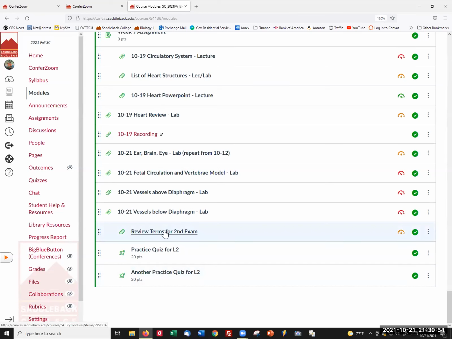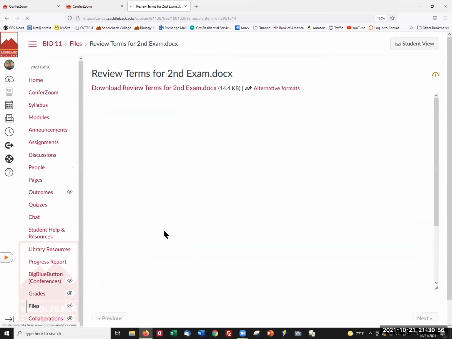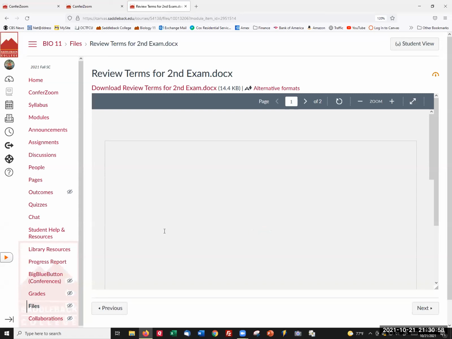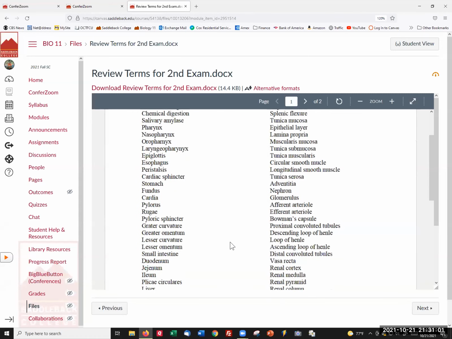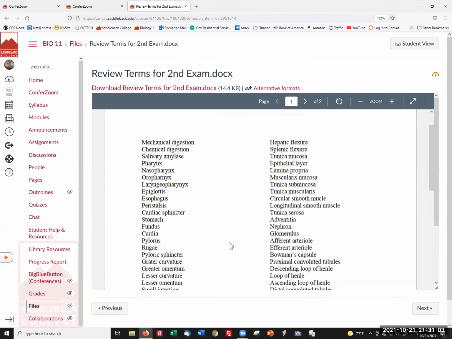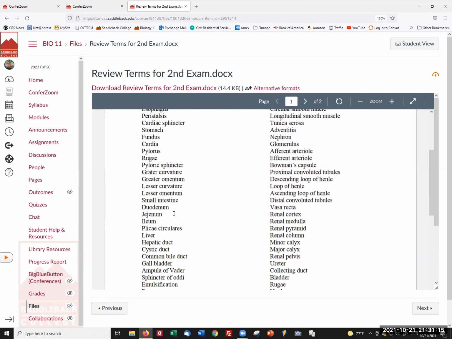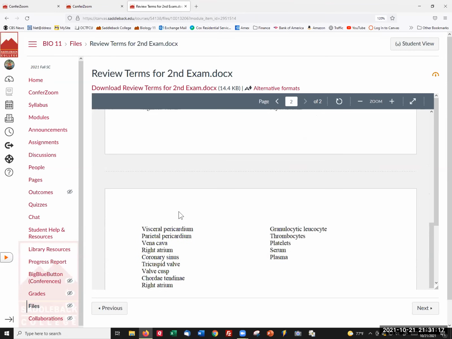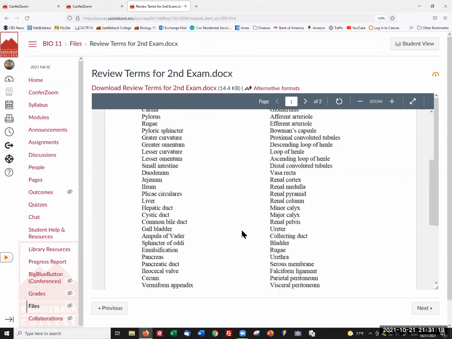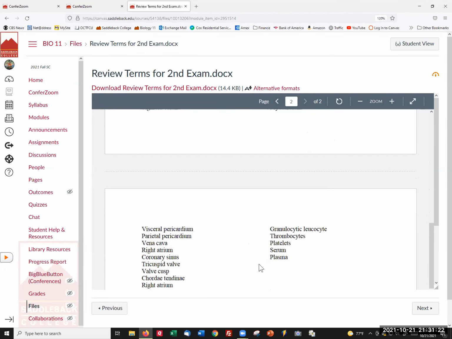The review terms are the terms from our list of terms that I talked about earlier, from the website under topics. And we start with mechanical digestion, go down, up and down, and we end up with plasma, which we did on Tuesday.